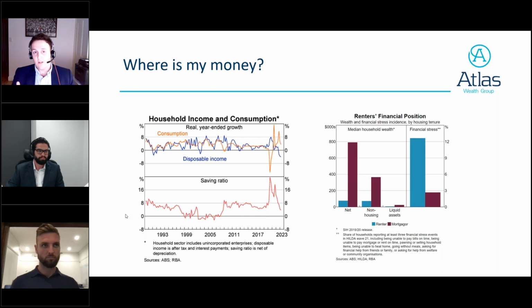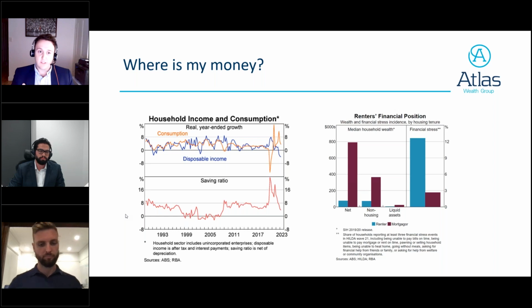And on the right-hand side, this really plays out not just for young mortgage holders or young families, but also for renters. This was released by the RBA in April, and it's a sustainability report that they wanted to work out, okay, what's the stability or the financial stress for renters and people with mortgages? If you look at the right-hand side, per their indicators, they're saying that people who are renting are 4 times more likely to present financial stress compared to those with a mortgage.